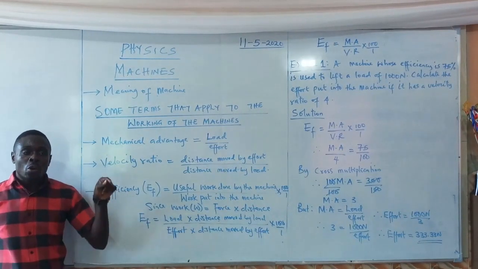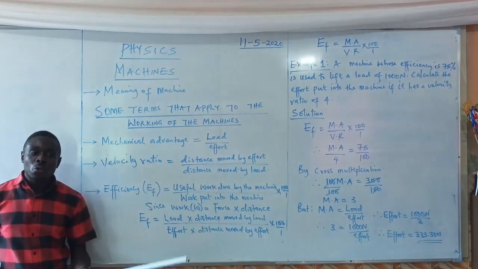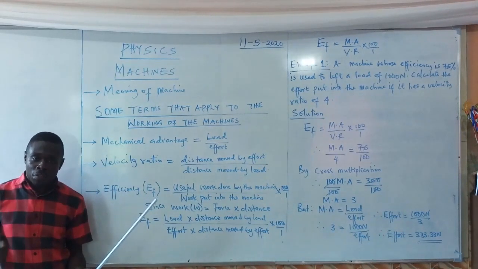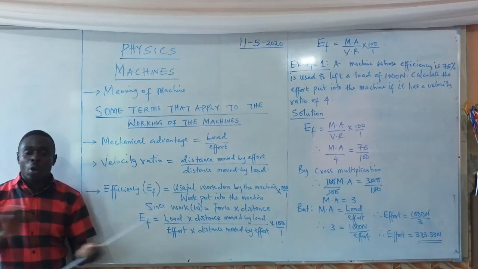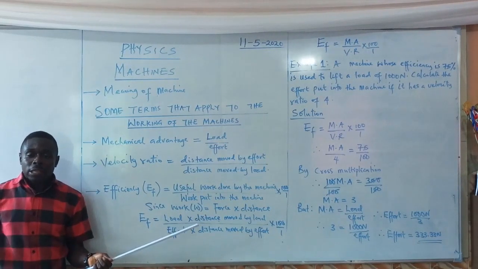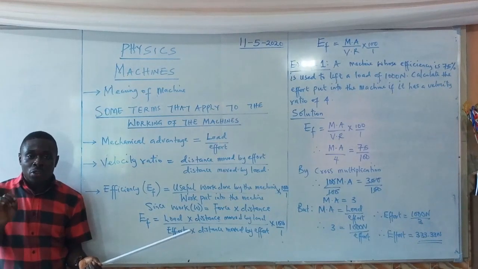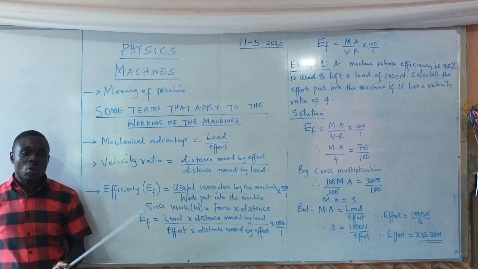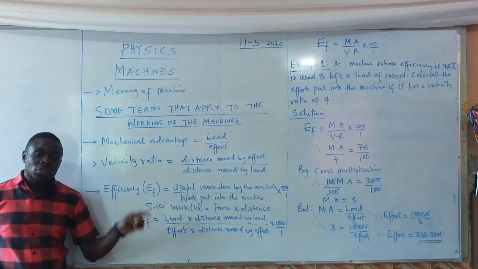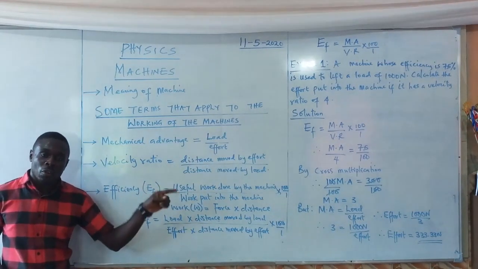So for you to overcome the load, you need to increase your effort. But that does not in any way spoil the definition of a machine. That device you are using will only allow you to use the small effort that you have applied to overcome the large resisting force, which is the load.